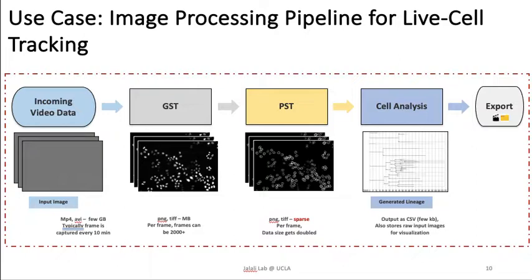So using this, we can actually get into a domain in which feature extraction is a little bit more effective. So we use GST to do this enhancement, and then PST to read out the features. And then with these features, we can actually do cell analytics and do cell lineage generation, things like that, which can be really helpful for applications like drug discovery.